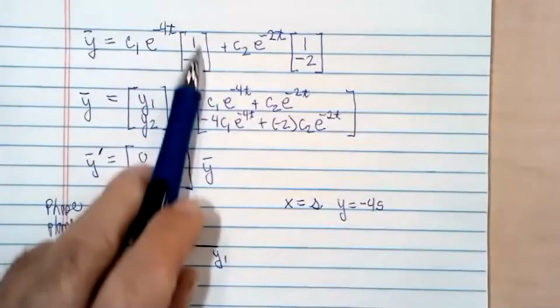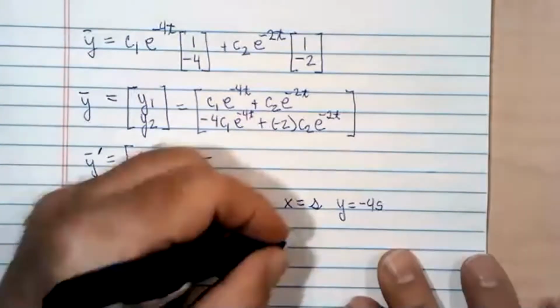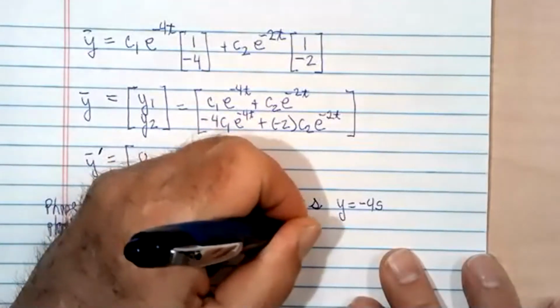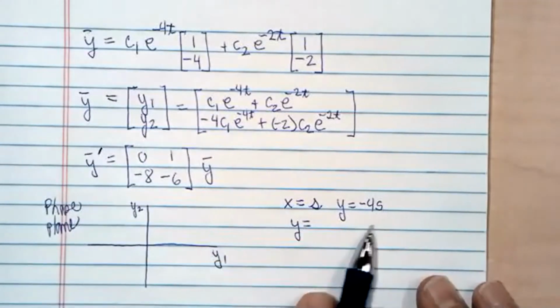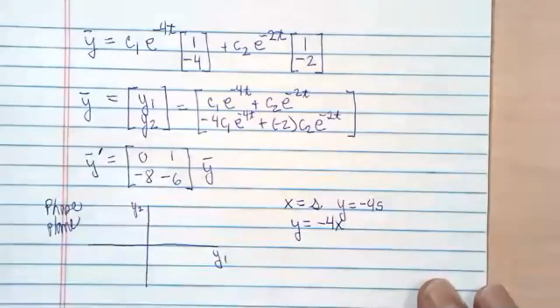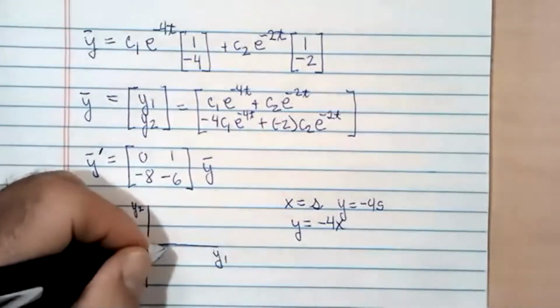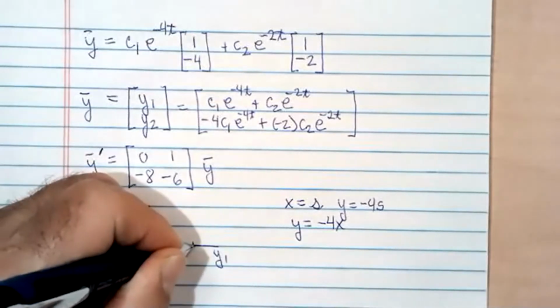It's just taking s times this vector here. And if you did it that way, that would lead you to the conclusion that y is equal to -4x. Y equals -4x. Well, that's something pretty familiar. We can graph that.